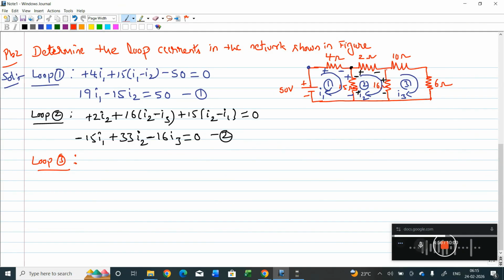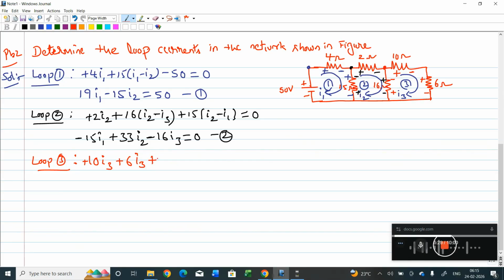Taking I3 as reference, it creates voltage drops: plus on the left hand side and minus on the right hand side with 10 ohms, for 6 ohms plus at top and minus at the bottom, and for 16 ohms plus at the bottom and minus at the top. So the loop equation will be 10 ohms into I3, as only I3 current flows through 10 ohms, so 10 I3, plus 6 I3, as only I3 current flows through the 6 ohms.